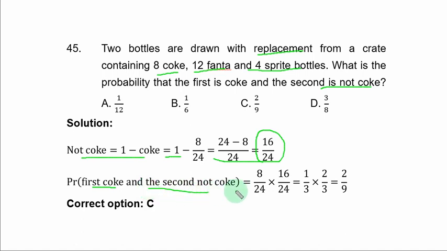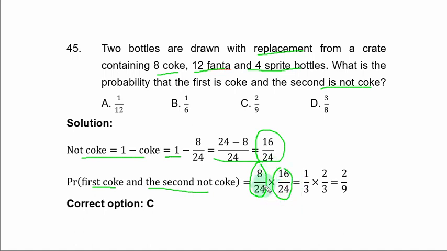For Coke you have 8 over 24. Because you are drawing with replacement, the total is not affected. Then not Coke is 16 over 24.